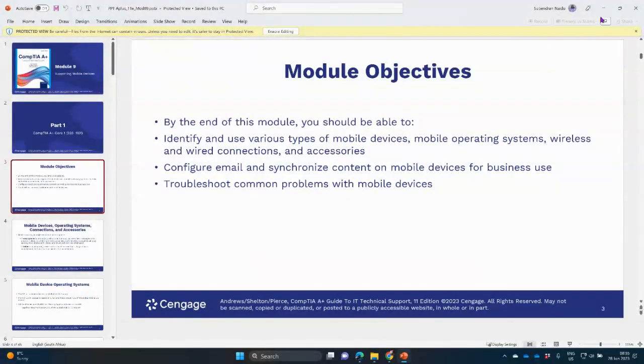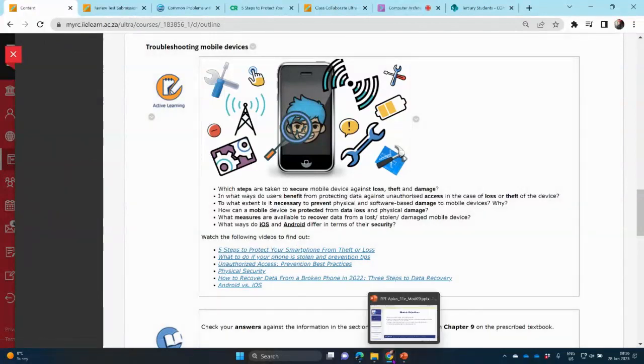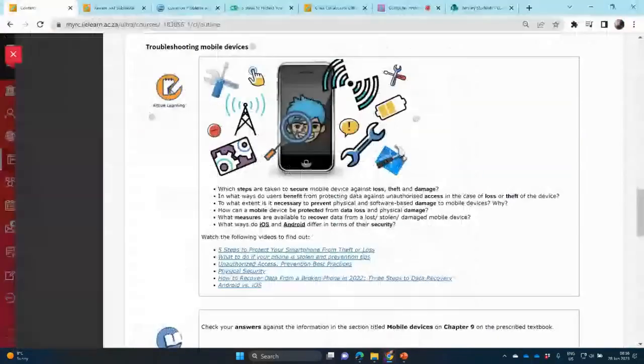Okay, so my main source of information is then going to be these here: how to protect your smartphone from theft or loss, what to do if the phone is stolen, and then some physical security as well. There I can find my answers here. Next one.